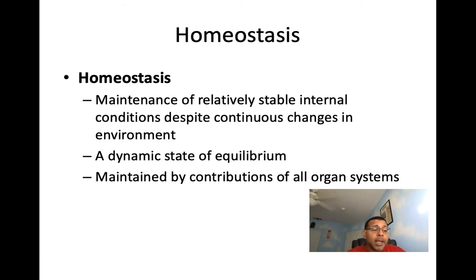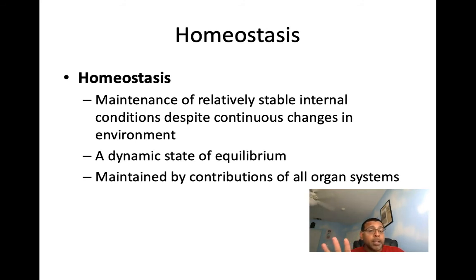Now, maintaining homeostasis is not that easy. Virtually every organ system plays a role. Some examples are: adequate blood levels of vital nutrients have to be continuously present.